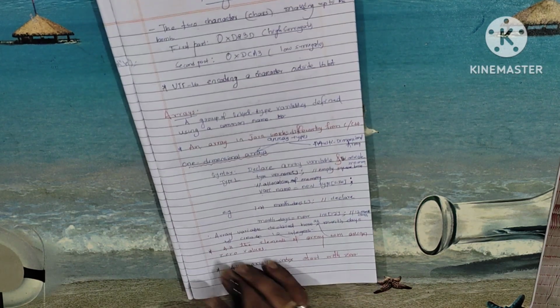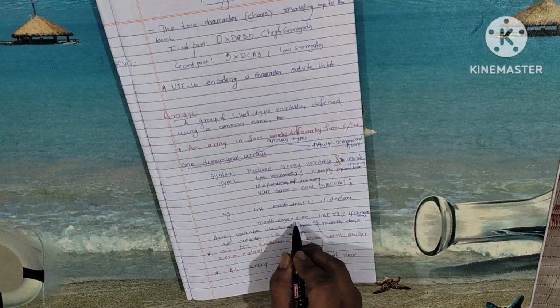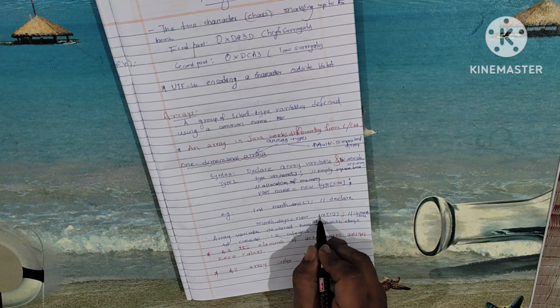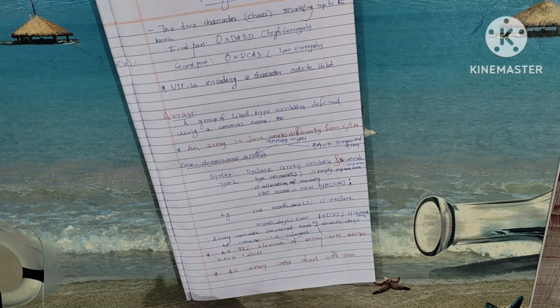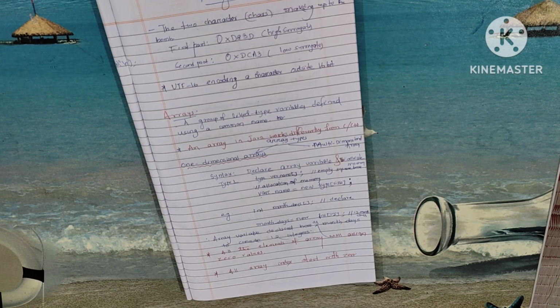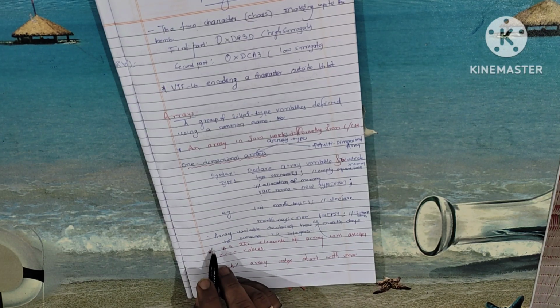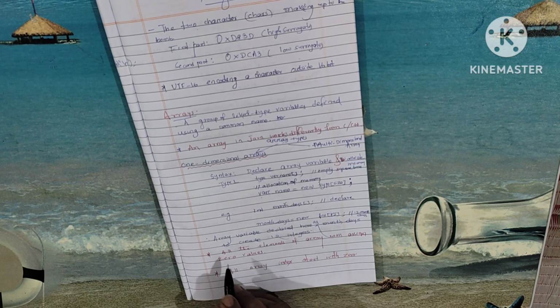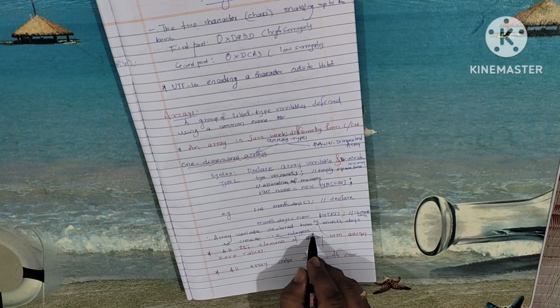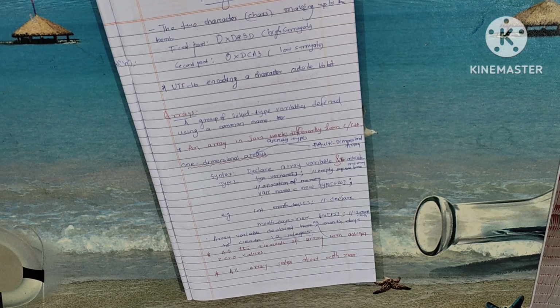Then we have discussed here month days equal to new int, and the size of this month days is 12. That is, we created 12 integers here.